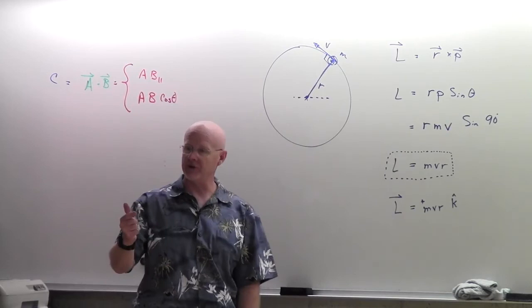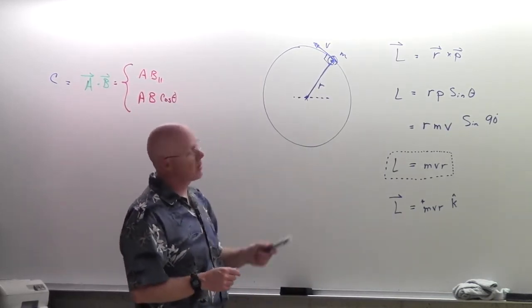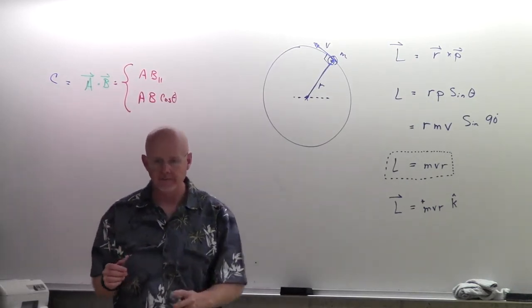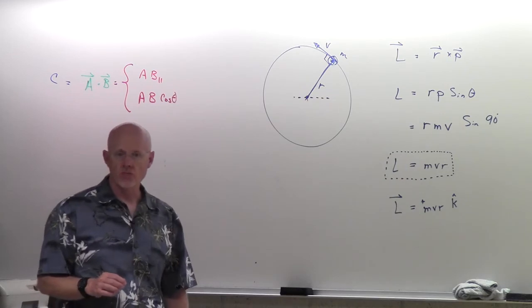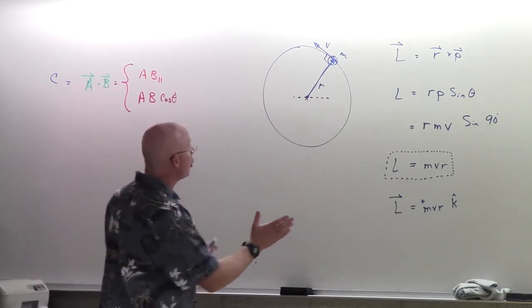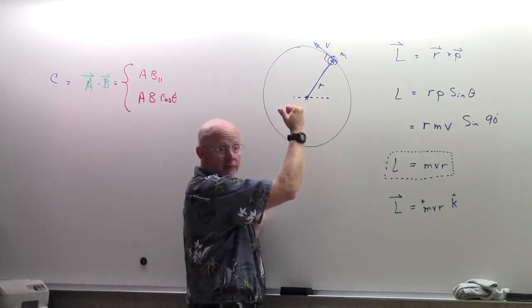Now let's go back to chapter 10 for a moment. In chapter 10, we said you can get the direction of its angular velocity. How did we say to get a direction of its angular velocity? Well, we said just take your right hand and curl your fingers in the direction the mass is moving.